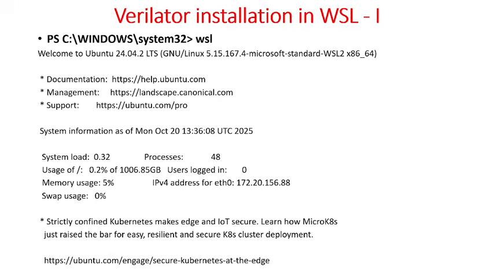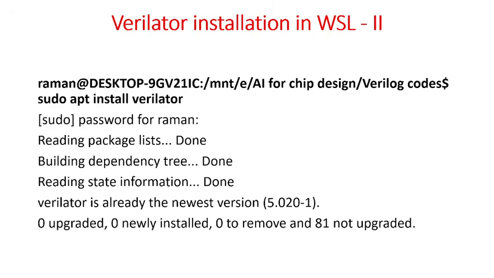Okay, so I am explaining this example based on Windows OS only. WSL. Okay, so once it opens up the WSL, you can go and type sudo apt install Verilator. This should be done inside the PowerShell.